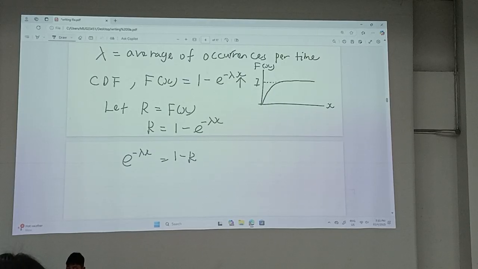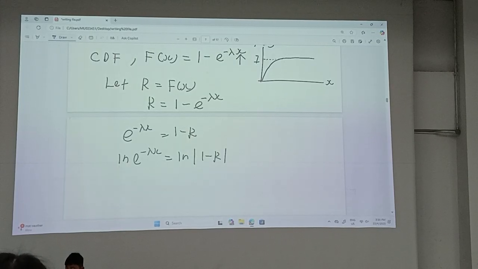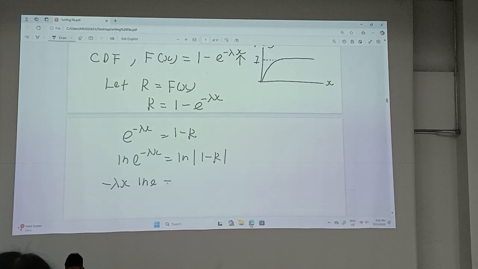Now we need to bring down this x, so we apply ln to both sides. As a result, you can bring it down, so it'll be negative lambda x ln e. Still remember ln e equals 1. So as a result, we get negative lambda x.